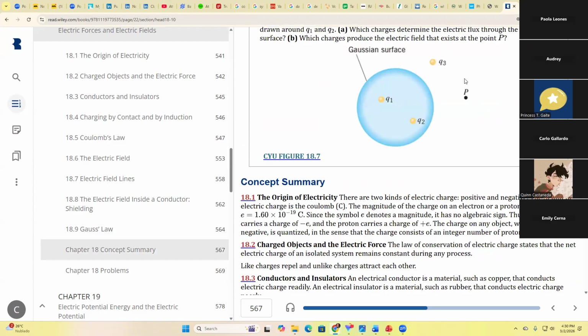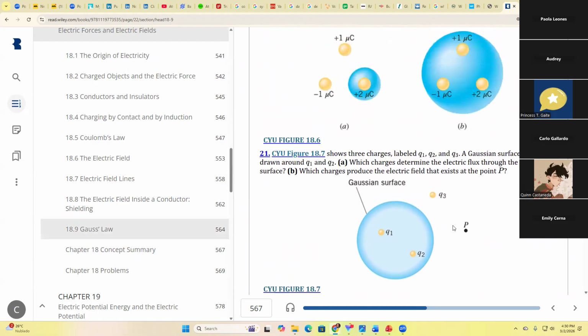Here, the Gaussian surface enclosing the charge, okay? Like I said, you can calculate the flux, the total flux across the surface, but you wouldn't be able to calculate the electric field, okay?